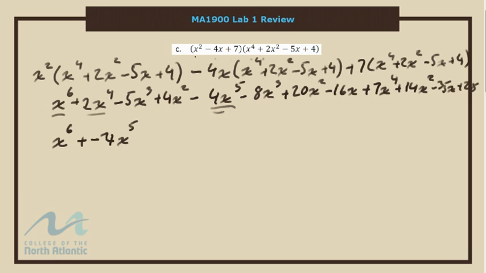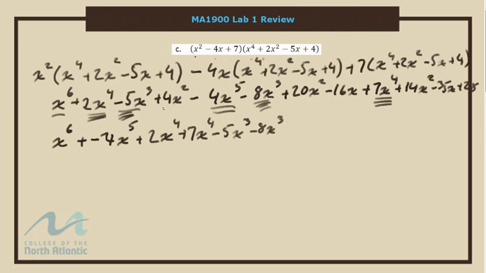Now, our x to the 4s, we have 1x to the 4, we have another x to the 4 here, so we'll take them: plus 2x to the 4 plus 7x to the 4. Now we'll take a look at our x to the 3s, so minus 5x to the 3 minus 8x to the 3, and that's the only other ones for those.